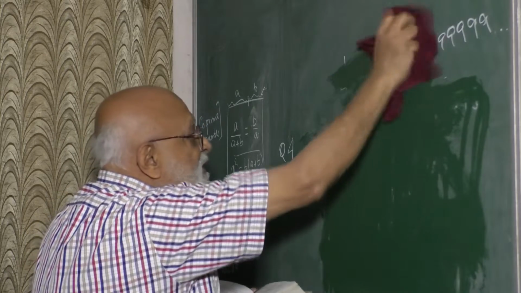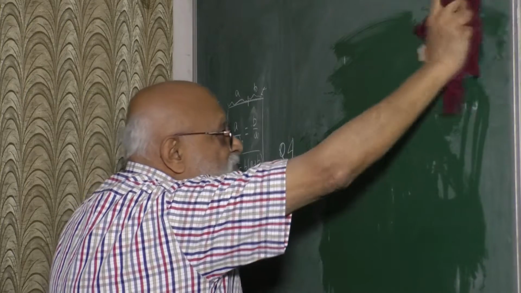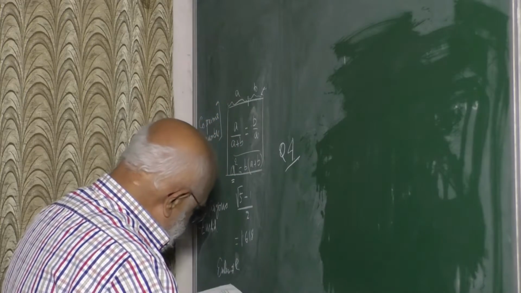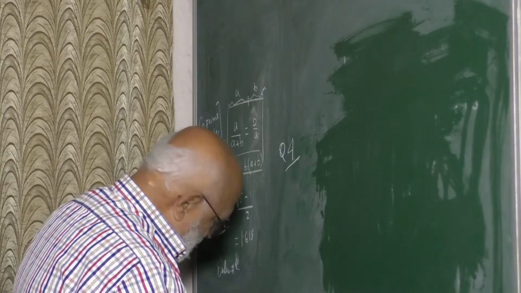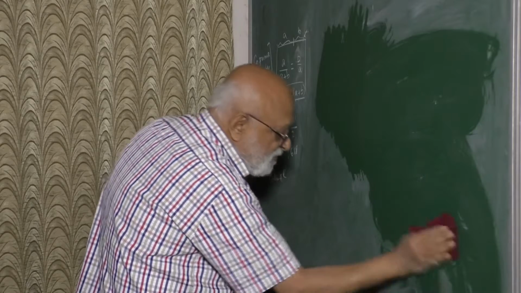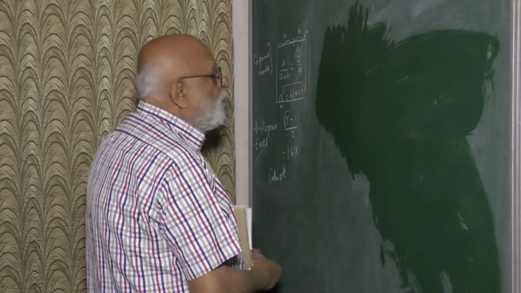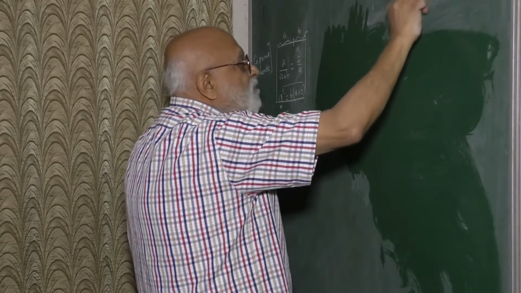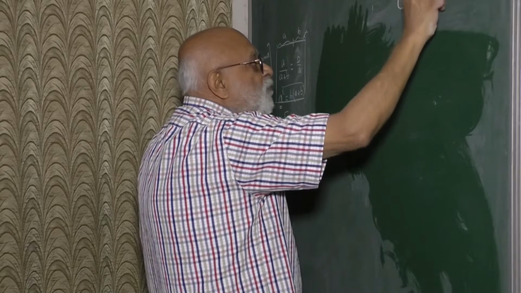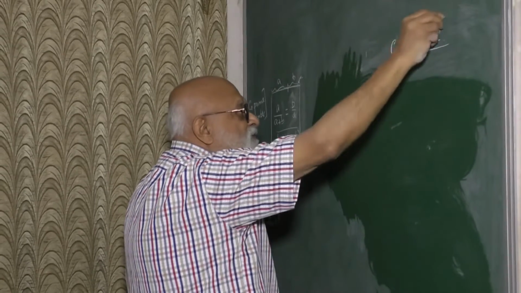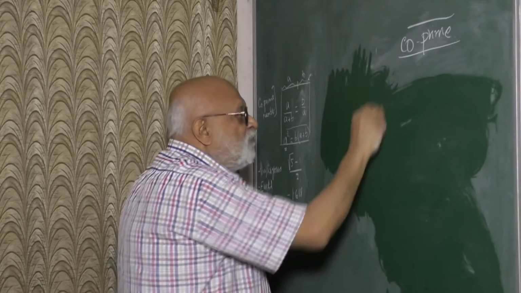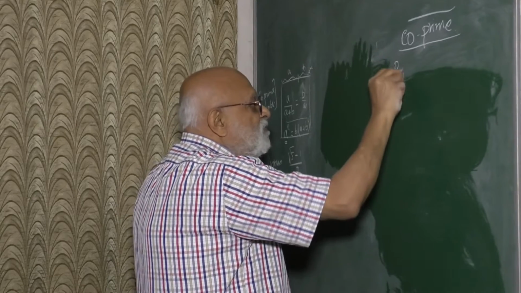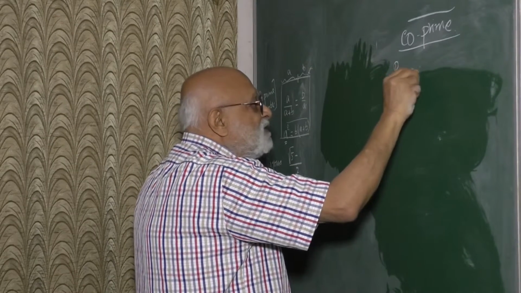Okay. Now let us see another one. We will introduce the concept of co-prime. What is co-prime? First of all, what is prime? A prime number, as you all know, cannot be factorized.